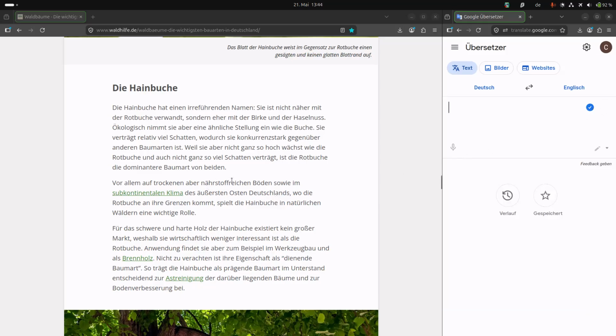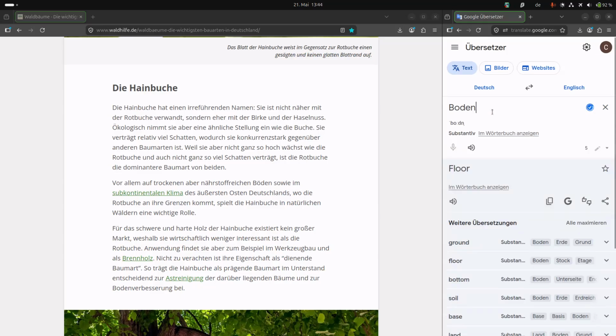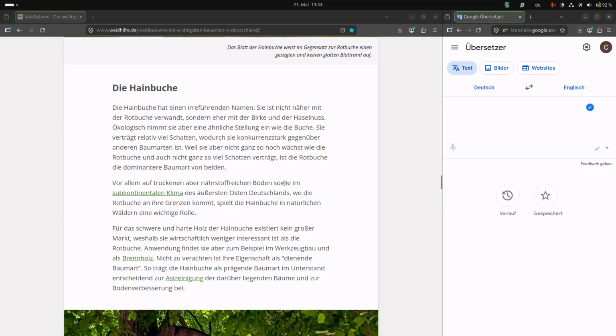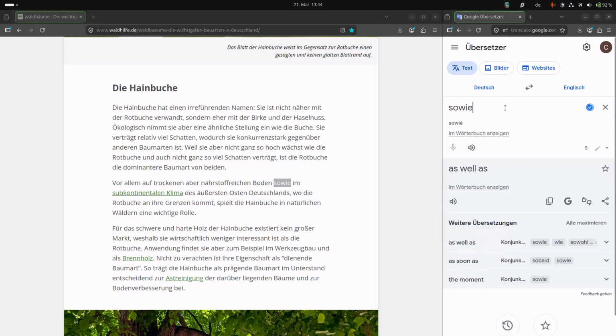So nutrient rich, Böden is the plural form of Boden, which means floor, and Böden is the plural form, so soils or floors, you could say. Sowie means basically same as, I think, or as well as, also.